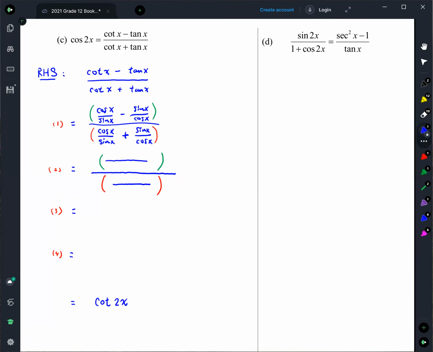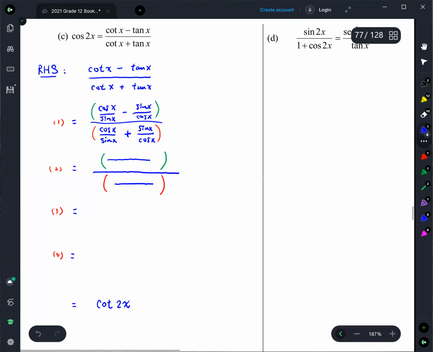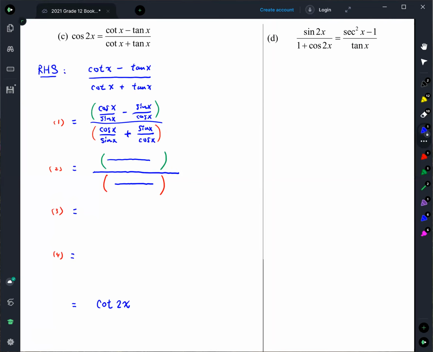Okay, Caleb, what do you have in the green box, green brackets? Caleb, are you there? Oh, hello. Yeah, could you say that again? What do you have in the green brackets?